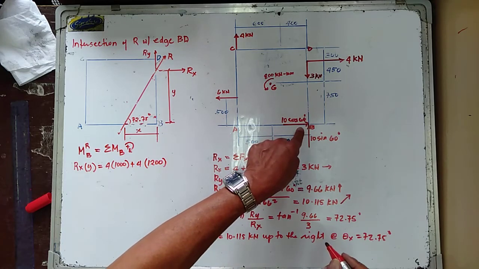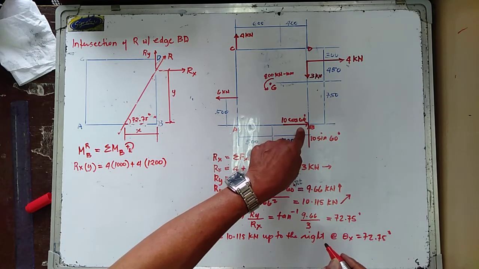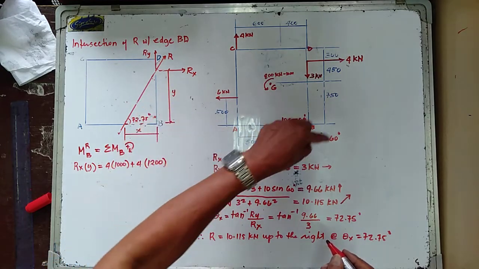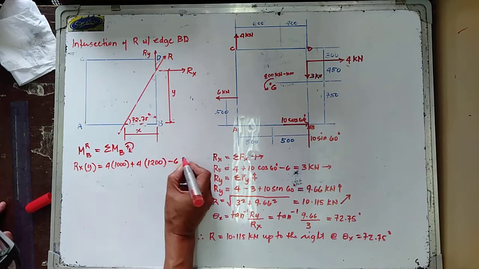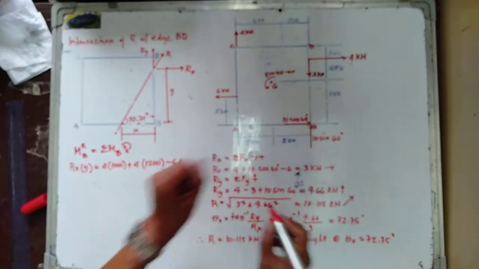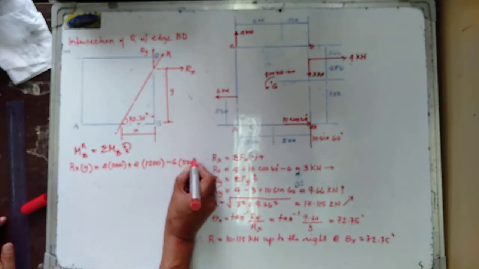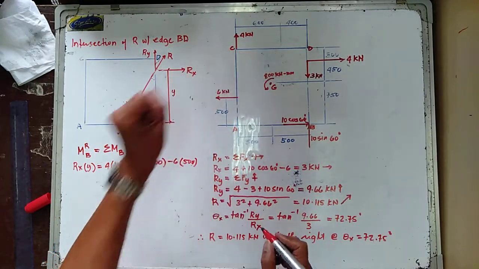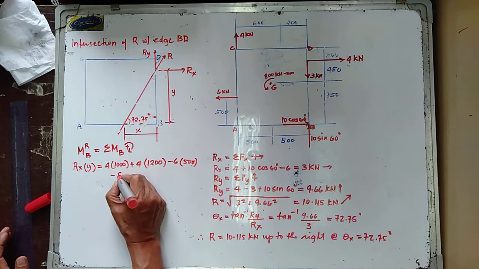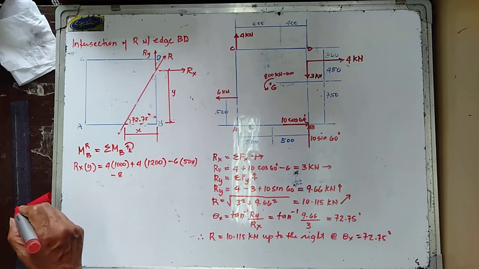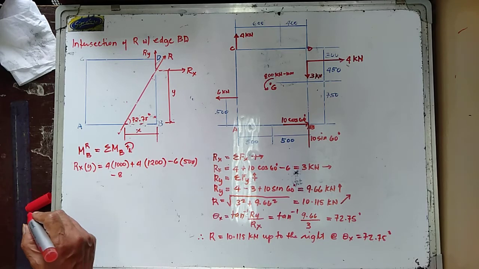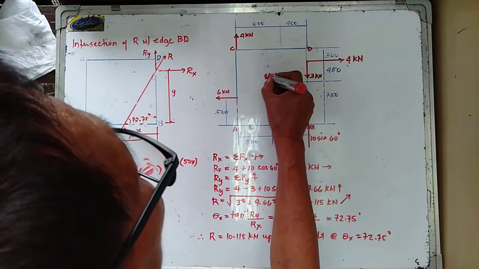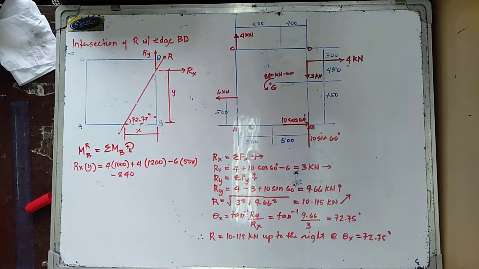So this has no moment again about point B. So we have the 3 kilonewtons again has no moment about point B. So we have your 6 counterclockwise, that is minus 6, and the moment arm is 500. And then we have a counterclockwise moment at the center of the plate, that is minus 840 kilonewton millimeter.